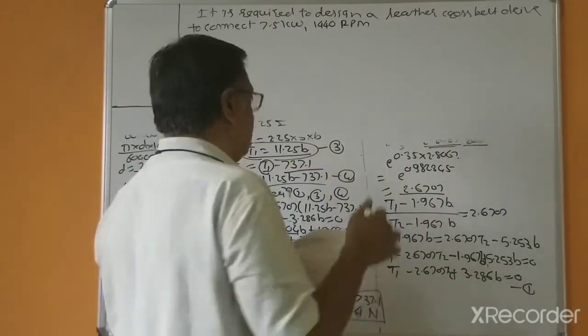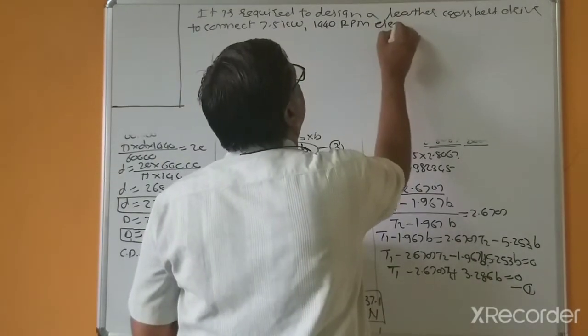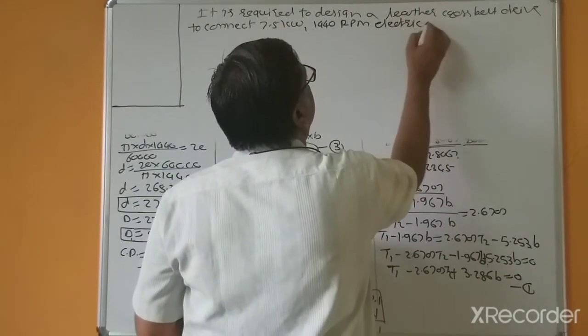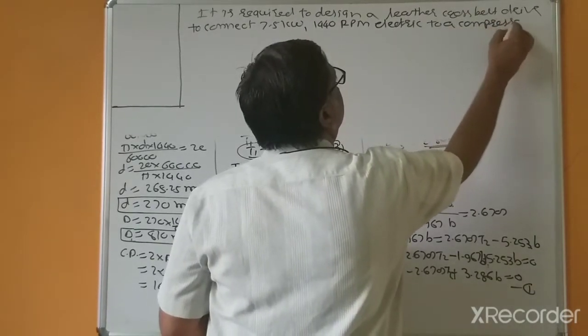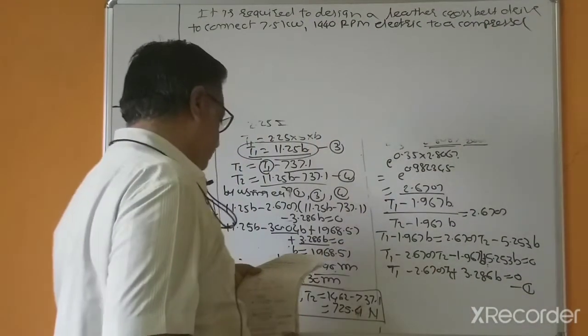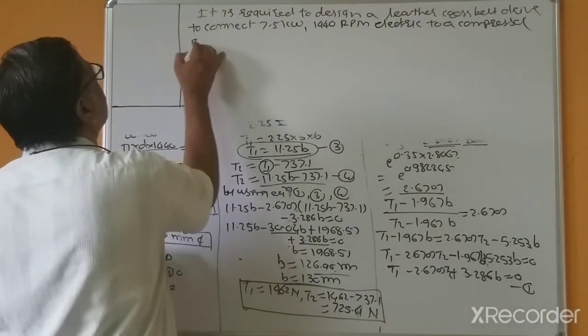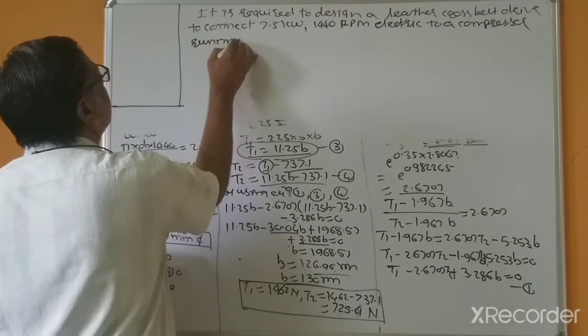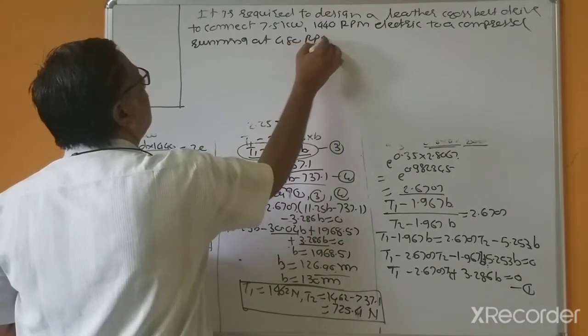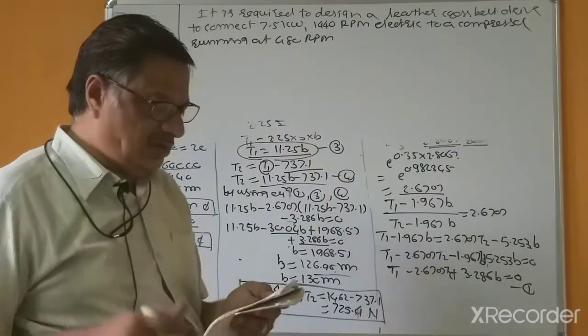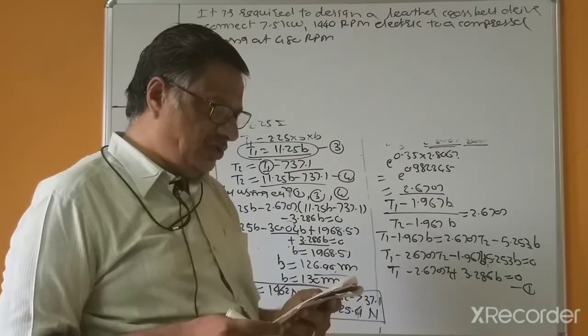Electric motor to a compressor running at 480 RPM. So here also the speed reduction ratio is 3.